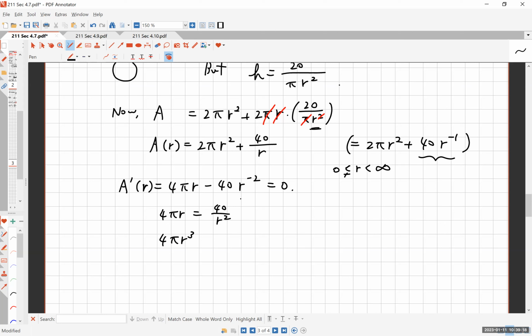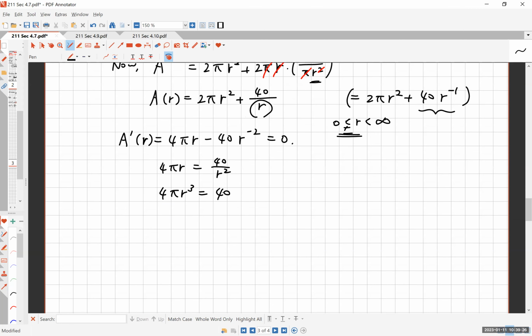Multiply both sides by r squared, and you get pi r cubed is 10. So r cubed is 10 over pi. And so r is the cube root of 10 over pi.